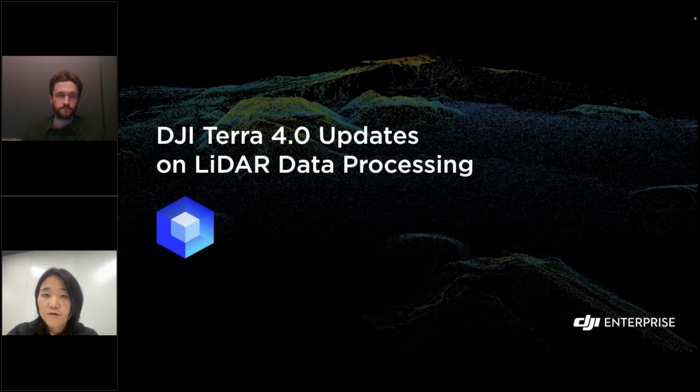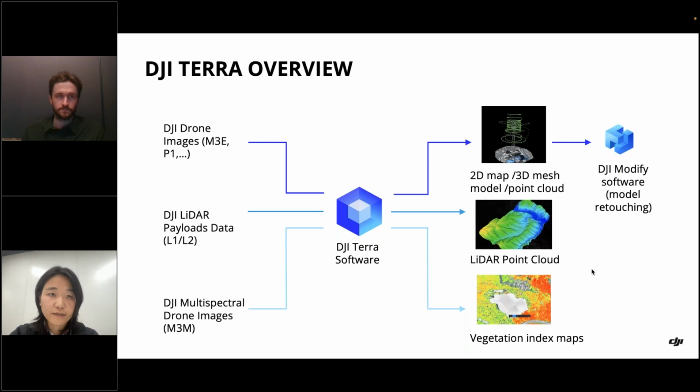Okay, so for the last part of the presentation, I'm just going to share quickly a few major updates that we have come up with in the recent DJI Terra software update. So first of all, for those who are not really familiar with DJI Terra, just to give a quick overview. Basically, DJI Terra software is a photogrammetry and LiDAR data reconstruction software.